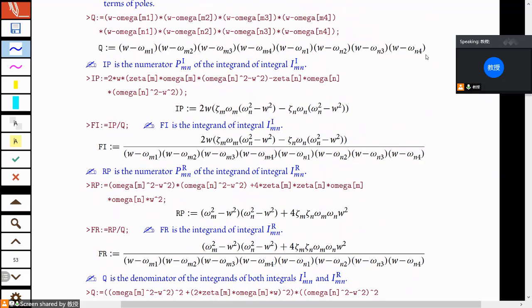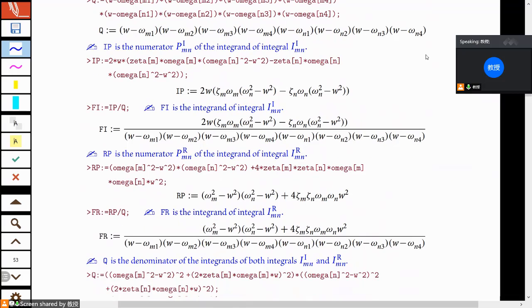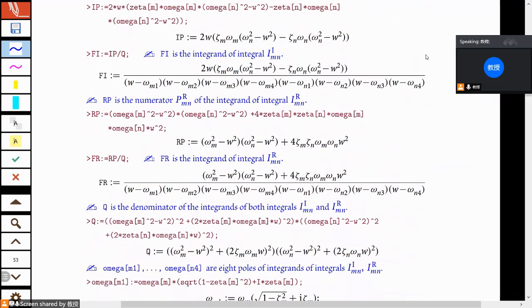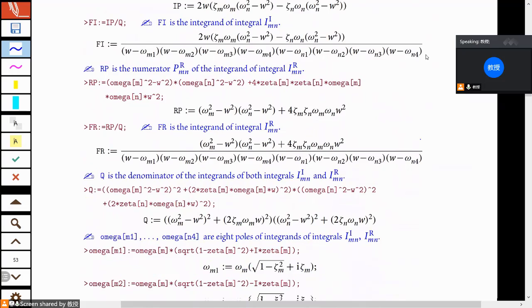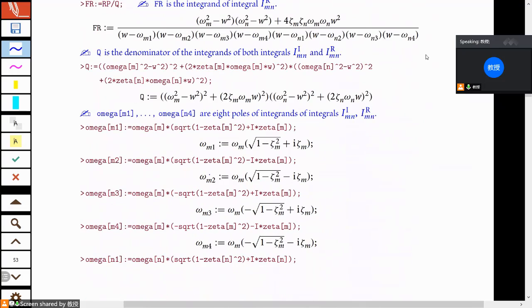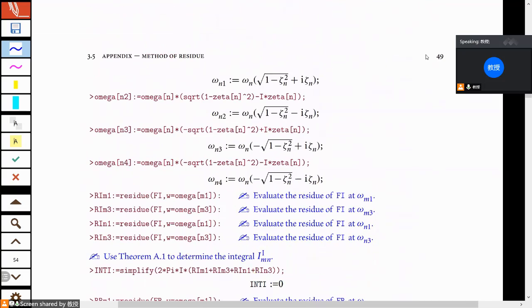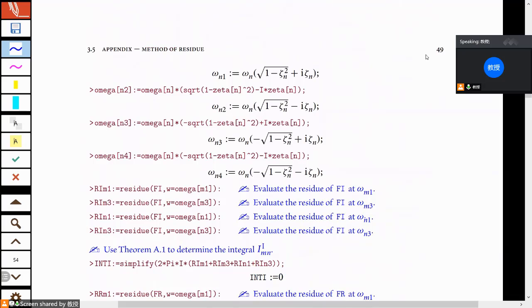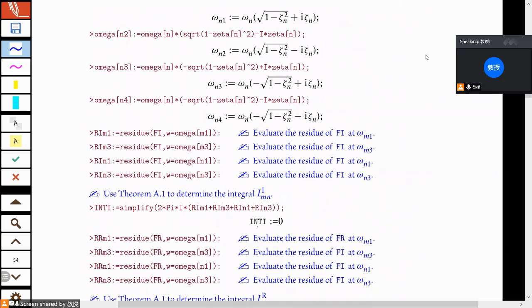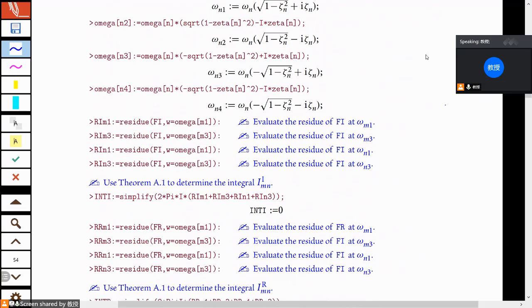So just write the expressions, and we find the 8 roots. This is just a test to show that the roots we find are correct.